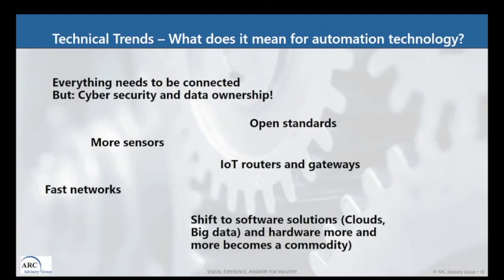Then an increased amount of IoT routers and gateways is on the way. We also have studies covering this topic, and we see really large increases in sales and production of these tools and applications out in the market, just because they are really required to achieve digitized manufacturing.